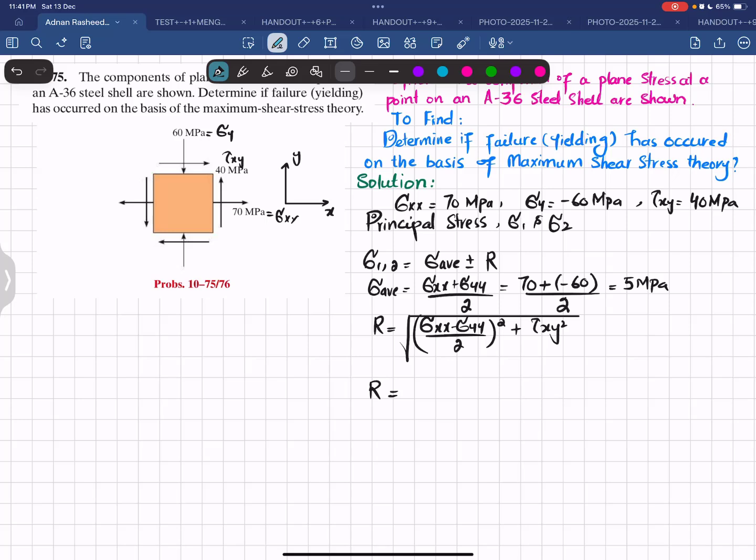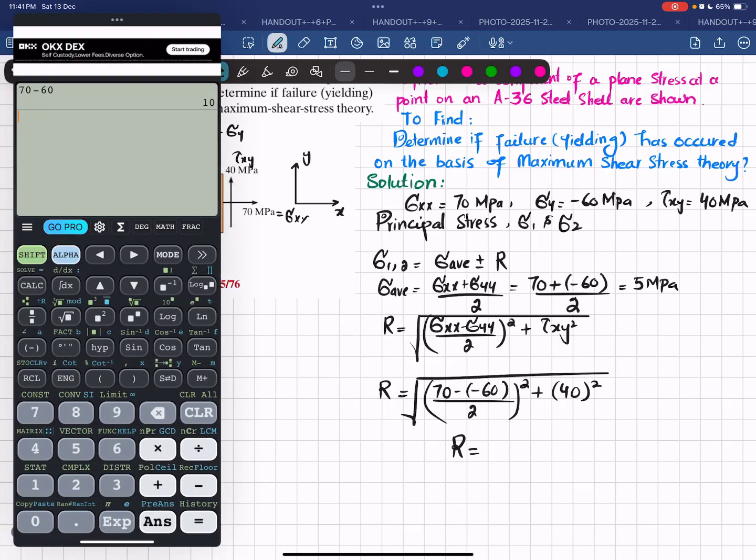R is the square root of 70 plus 60 divided by 2, whole squared, plus 40 squared. So 70 plus 60 divided by 2 is 65.